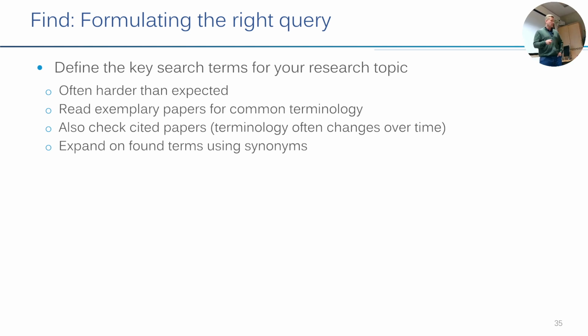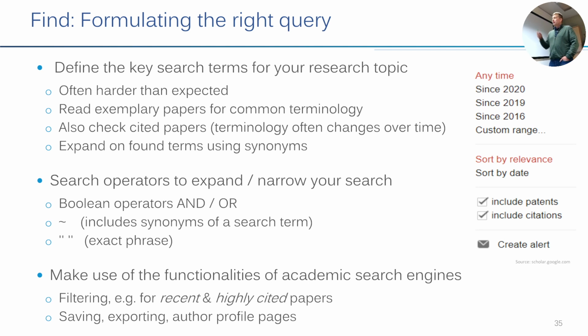Synonyms are, of course, a good idea, because not every author uses the same terms to describe things. Something that not that many people use, but that is possible for quite many search engines, and Google Scholar is one of them, is search operators. I think we are not that used to it anymore. In the first search engines it was much more common to use search operators like AND or approximate and so on.